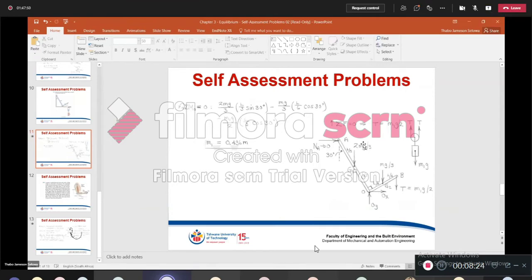So the length has been replaced with the mass and the gravity, because they're working with the ratio. They know that from there to there it's 2 lengths, so it will be 1 this side and 1 the other side.